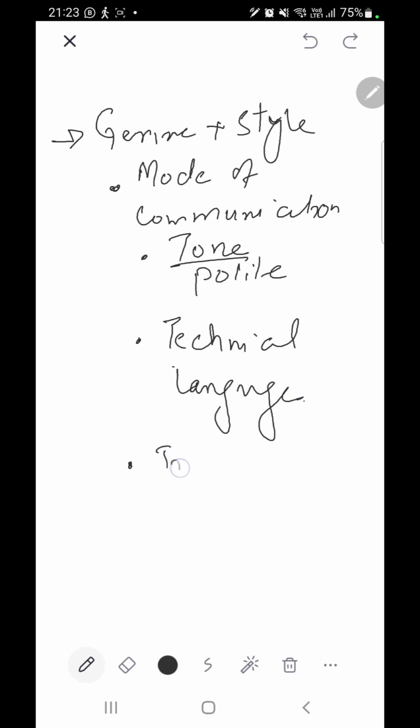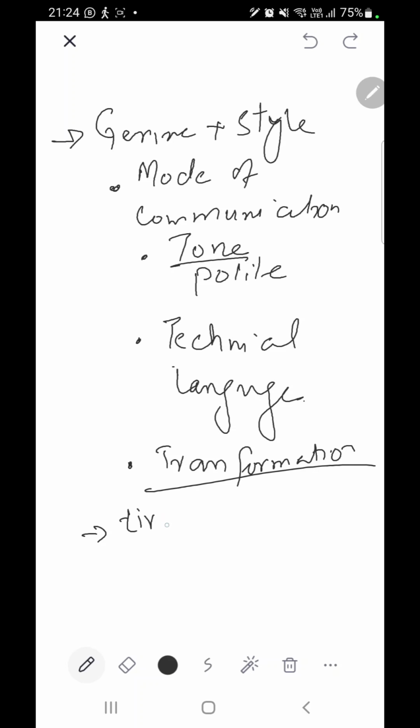Okay, and second is your transformation of the case notes. It's not important for you to use the same words that have been written in the notes, but rather it's better to transform them.